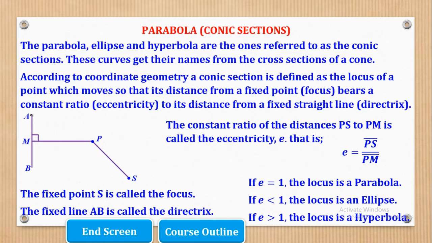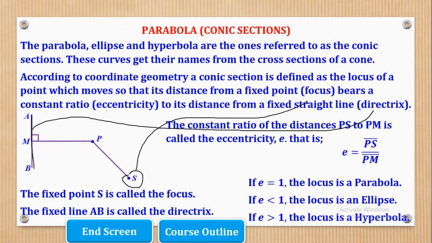This will be our straight line, called the directrix, and this will be our fixed point, called the focus. And this is the variable point which moves. For a parabola, that constant ratio is equal to 1.